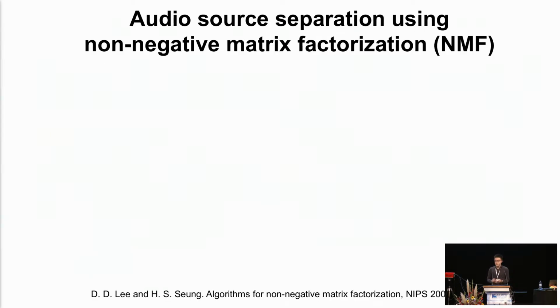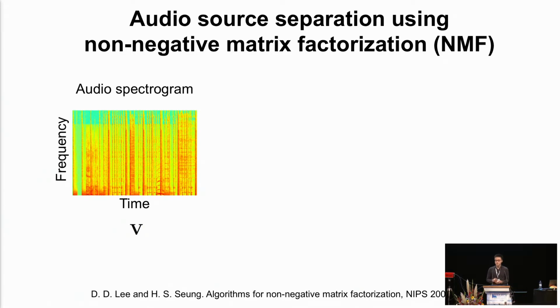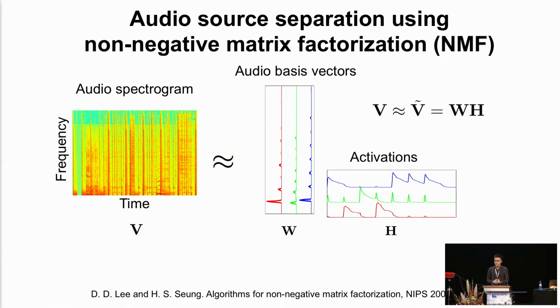Non-negative matrix factorization is a popular method that is often employed to perform audio source separation. Given the audio spectrogram matrix V, NMF approximates it as a product of two matrices, W and H. W can be interpreted as non-negative audio spectral patterns, and H can be seen as the activation matrix.